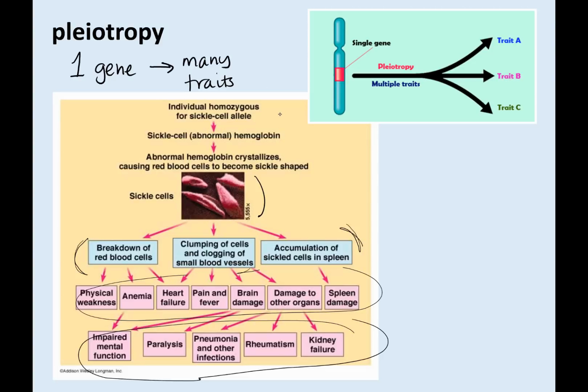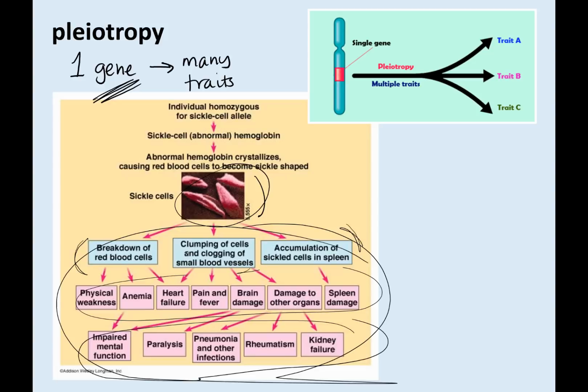So one gene, and it's actually amazing, sickle cell, if you remember from general biology, is one nucleotide change that makes one amino acid change. And that changes how the hemoglobin comes together, and people with sickle cell that are homozygous for it are very sick because that one mutation can affect multiple traits, affecting many different organs, right? Many different symptoms.